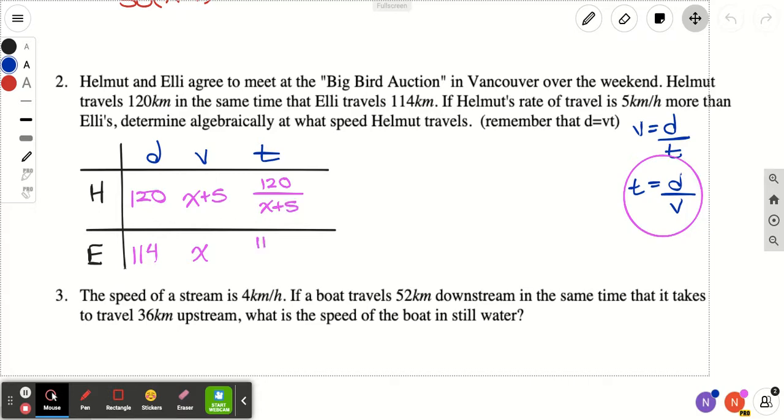Similarly, 114, our distance, divided by x, our speed. And since we know that those times are equal, we can set these two times equal to each other. 120 over x plus 5 is equal to 114 over x. I'll leave it to you to solve the equation from that point.